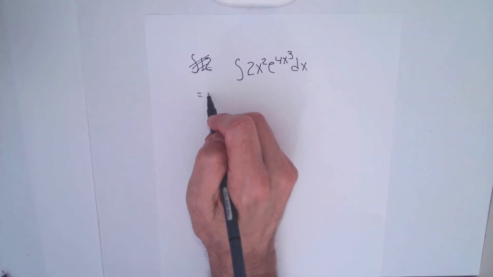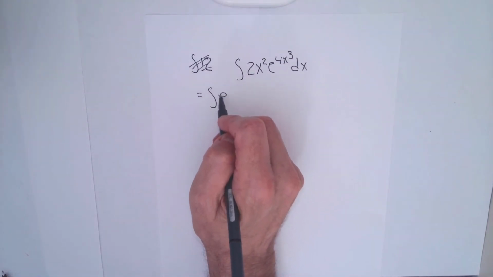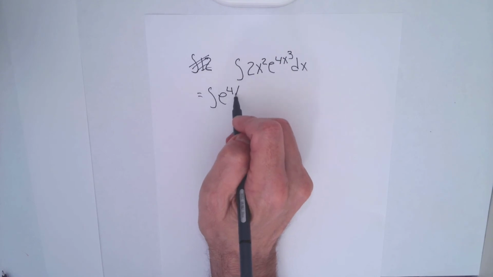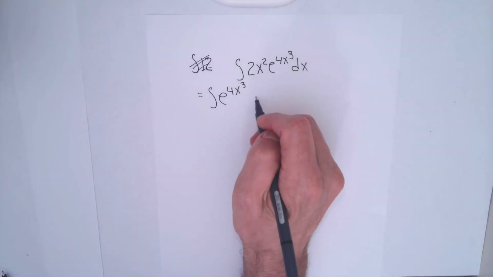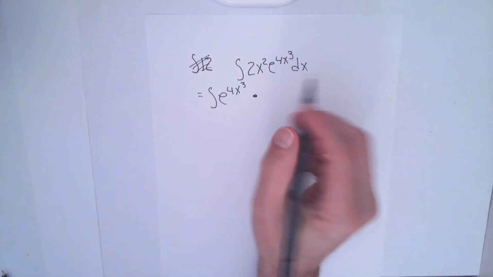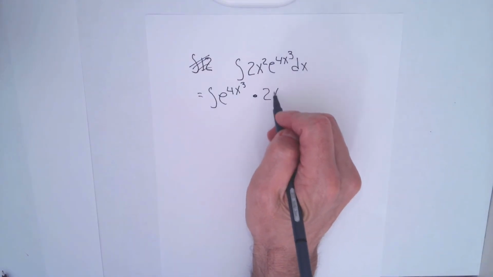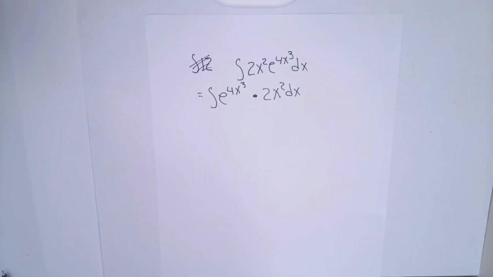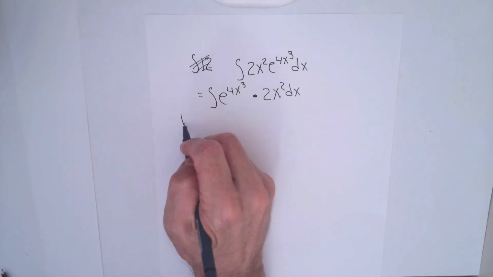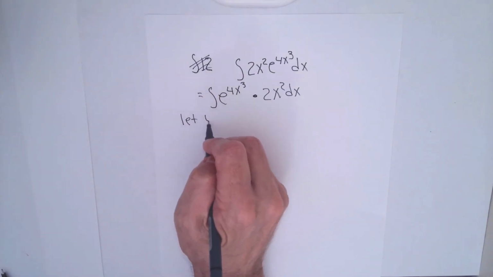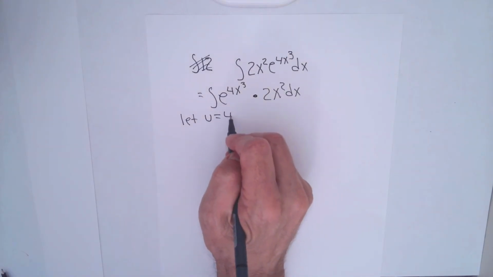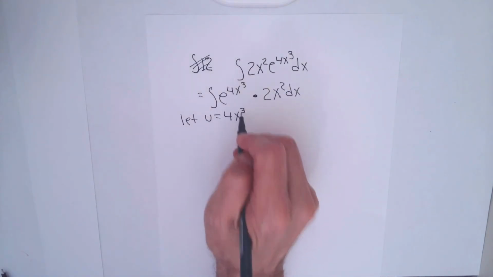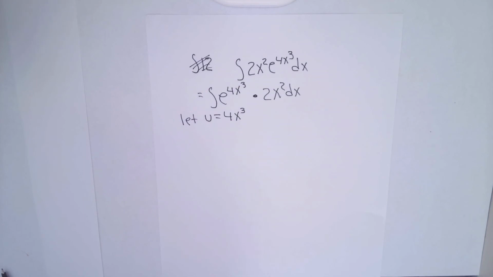Because it's not just a generic e to the x, I'm going to write the e part first and be bound to u-substitution. So I have an e to the 4x cubed and then a 2x squared dx as the pieces that I'm going to have to tend to. If it's not an e to the x problem, I have to do u-substitution, and 100% of the time I let the u be the exponent of the e.